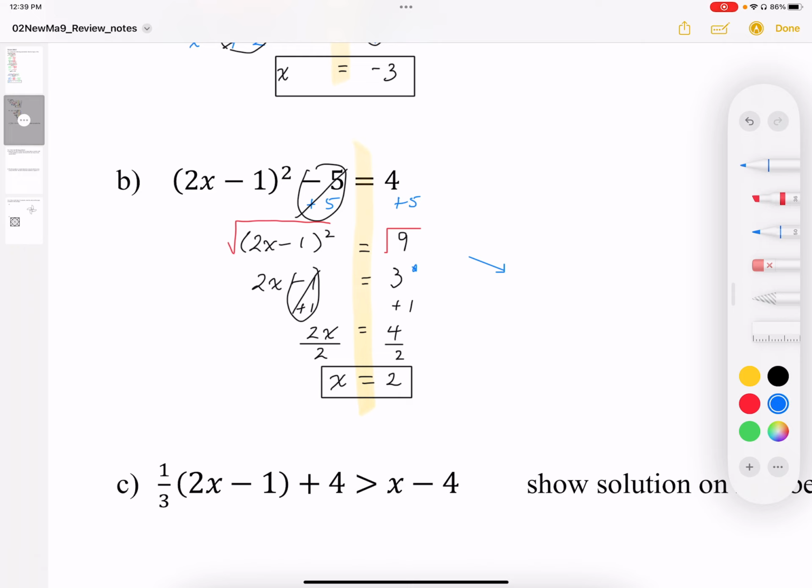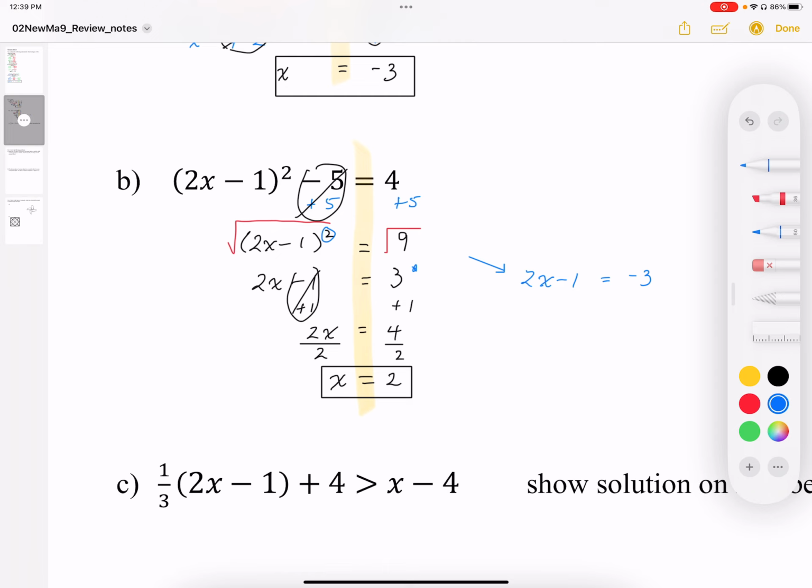Well, that number could have been that number 2x minus 1, which I squared. Remember, the 2x minus 1 was squared. So that number squared equals 9. So that number could have been 3, but it also could have been negative 3. So there is another possibility that we have to be aware of.